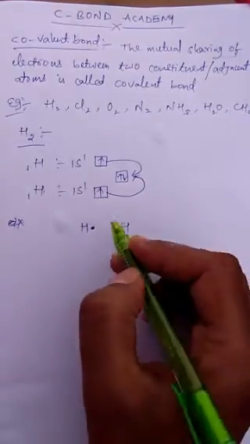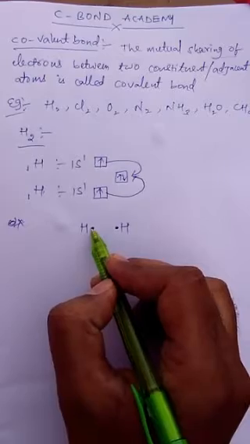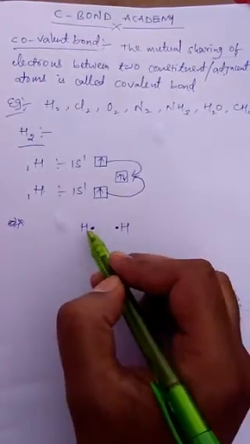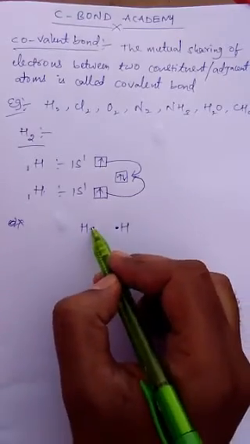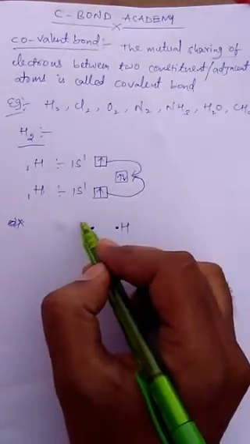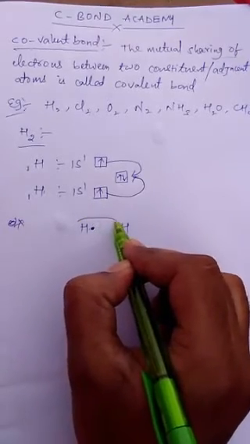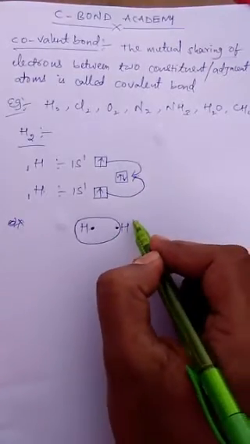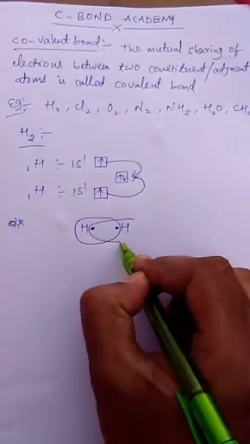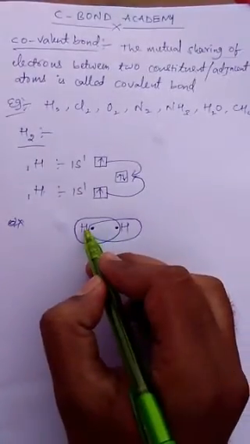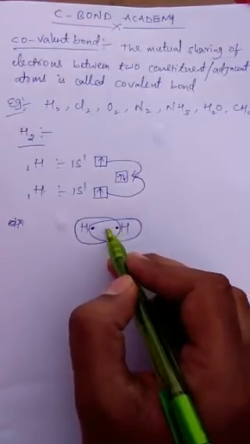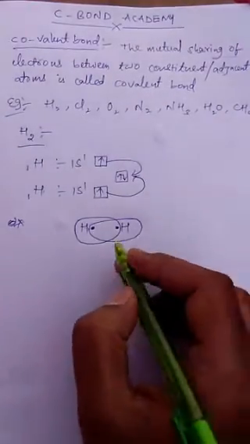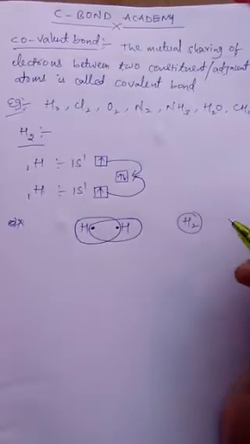For the first hydrogen, 1 more electron is needed to get the stable configuration of helium, so it takes 1 electron from the second hydrogen. Similarly, the second hydrogen takes 1 electron from the first hydrogen. Now both hydrogens have 2 electrons, so both are stable by the formation of the H2 molecule.